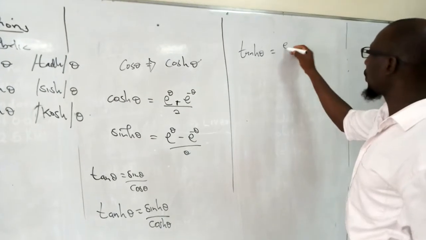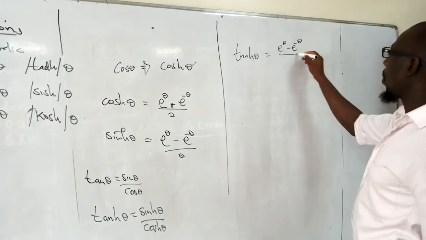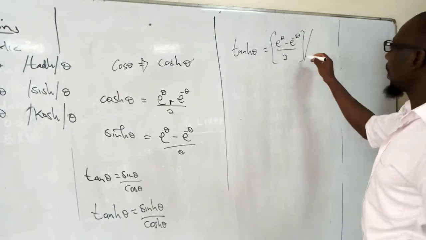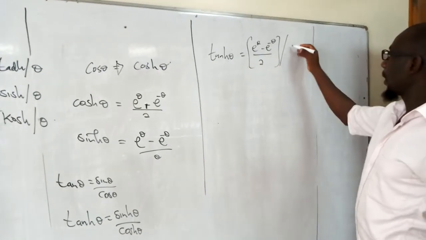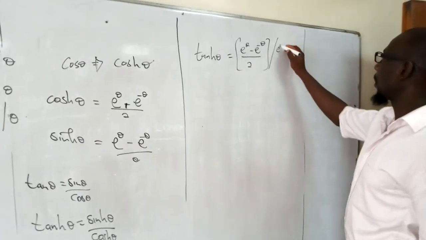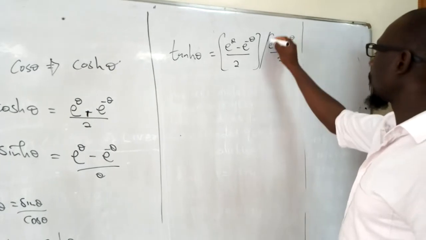That is sinh, exponential of theta minus exponential of negative theta over 2, divided by cosh of theta, that is exponential of theta plus exponential of negative theta over 2.